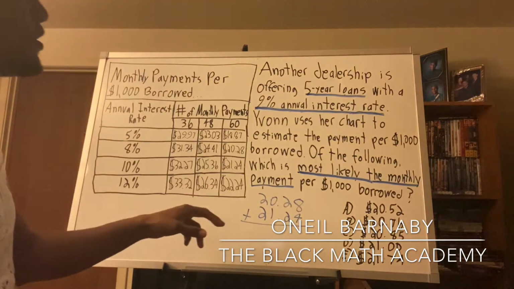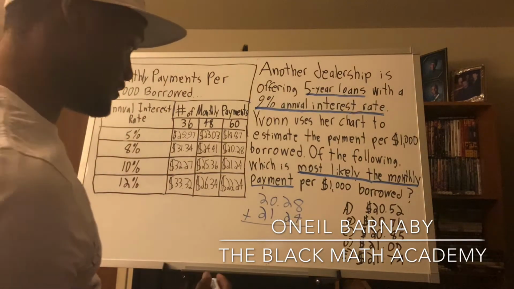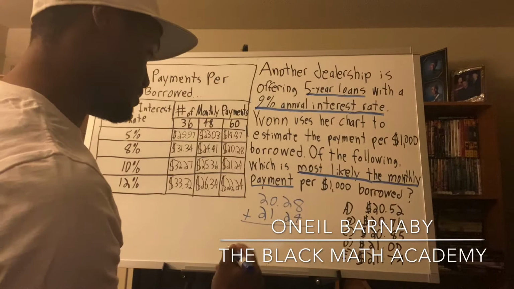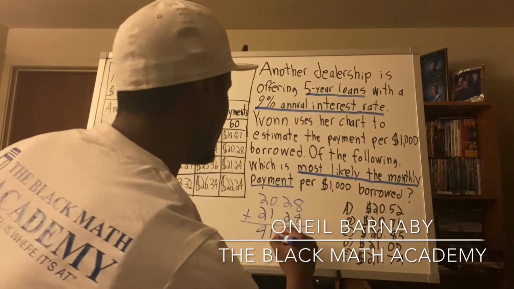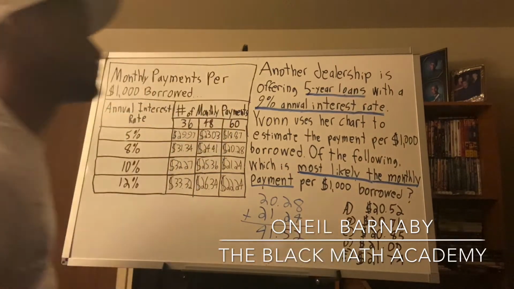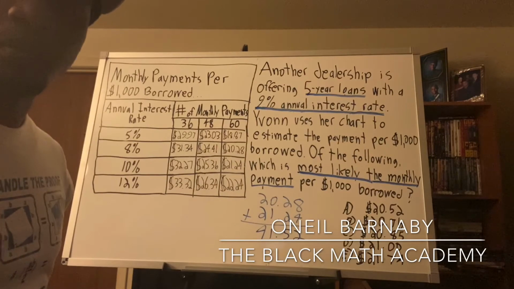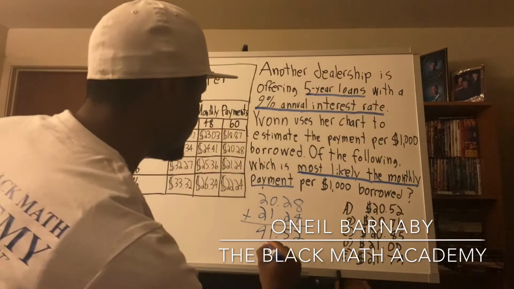So 20.28 and 21.24 is equal to 41.52. And then you want to divide that by 2.